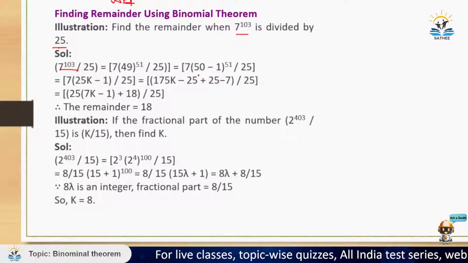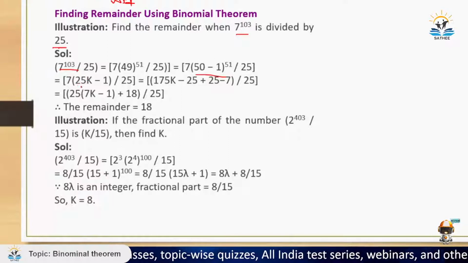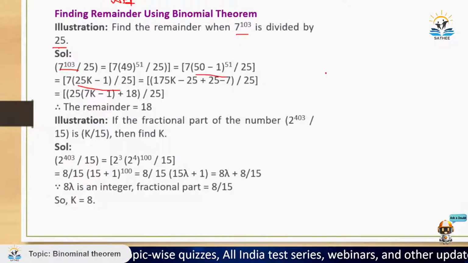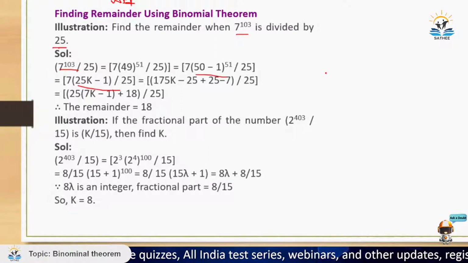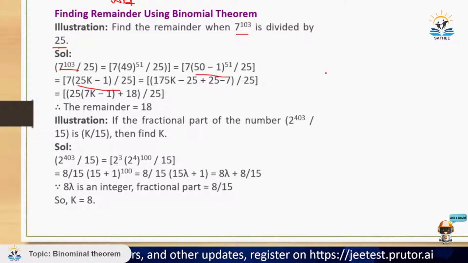ठीक है, अब अपने को पता है कि जो 50 minus 1 होगा, that thing would be equal to 25k minus 1. How? Because we know that 50 minus 1 को जब मैं खोलूंगा, then I will get something like 50 will be multiplied in each and every term, leaving the last term. Because in last term, you will get something like 7 multiplied by minus 1 power 51, that is equal to minus 7.